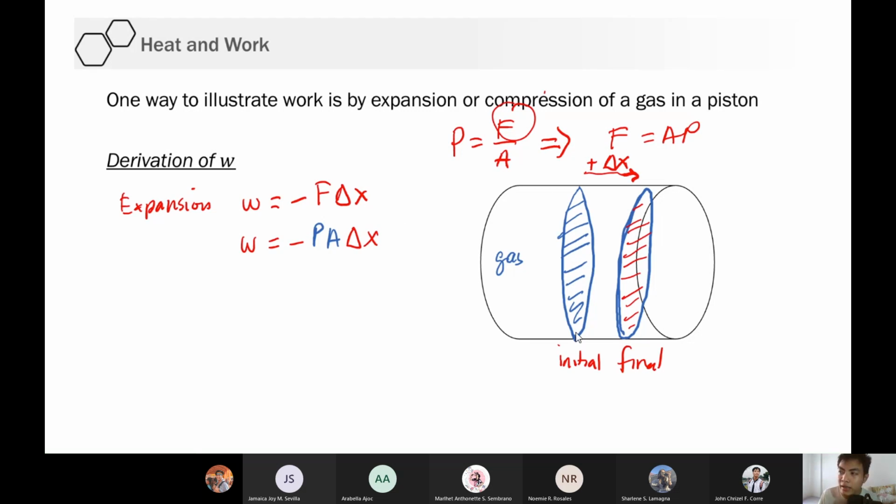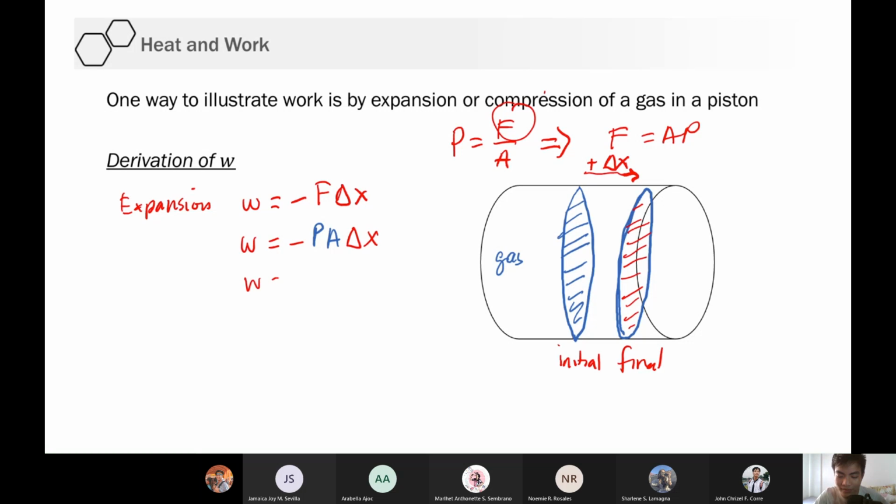So what is area times delta X? That is area times height.